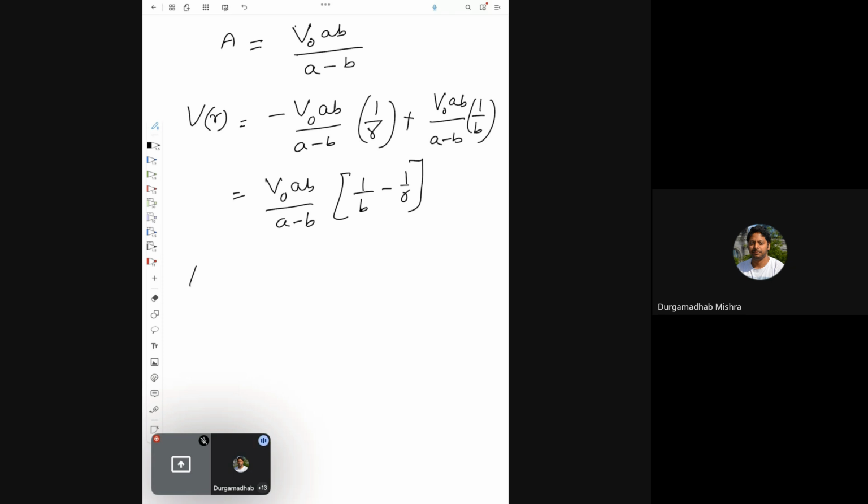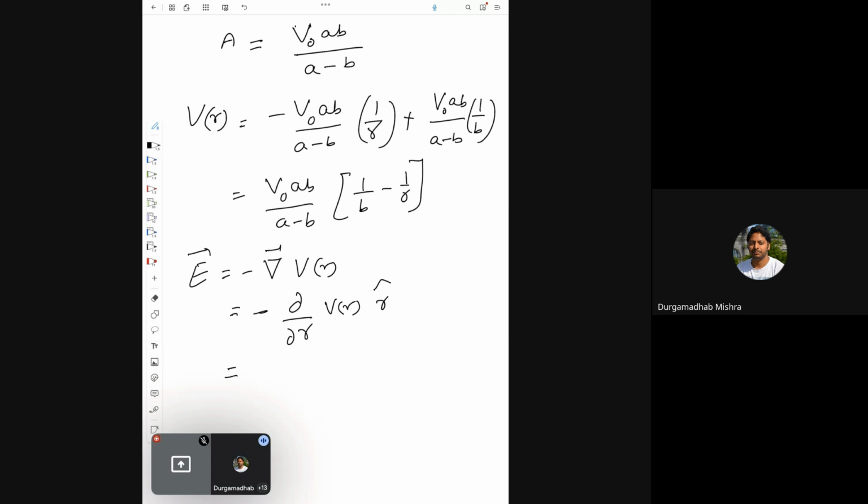So what will be the electric field? We'll take the gradient of this. Again, this gradient you have to take in spherical polar coordinates, which will be del by del R of V of R into R cap. Now if you take the derivative, the first term is a constant, so that will be 0.